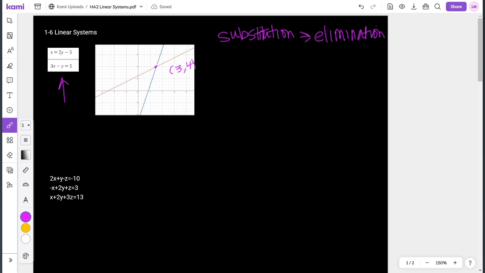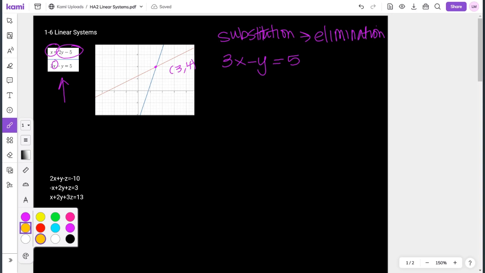I can see that my first equation is solved for x. So I'm going to take 2y minus 5 and replace x with it. In the second equation that says 3x minus y equals 5, I'm going to replace the x with 2y minus 5.